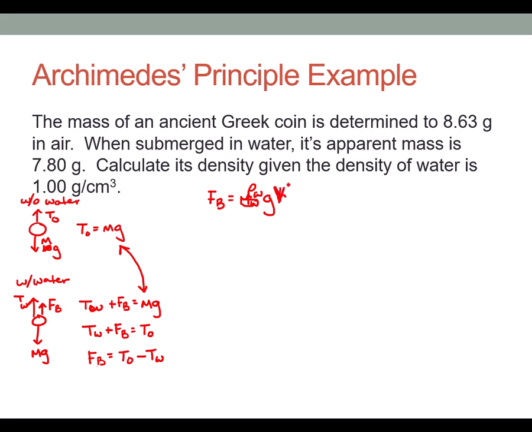I am getting this all mixed up. There we go, rho g V. That will be our buoyant force. But we can rewrite this using density as just the mass of the water times g.